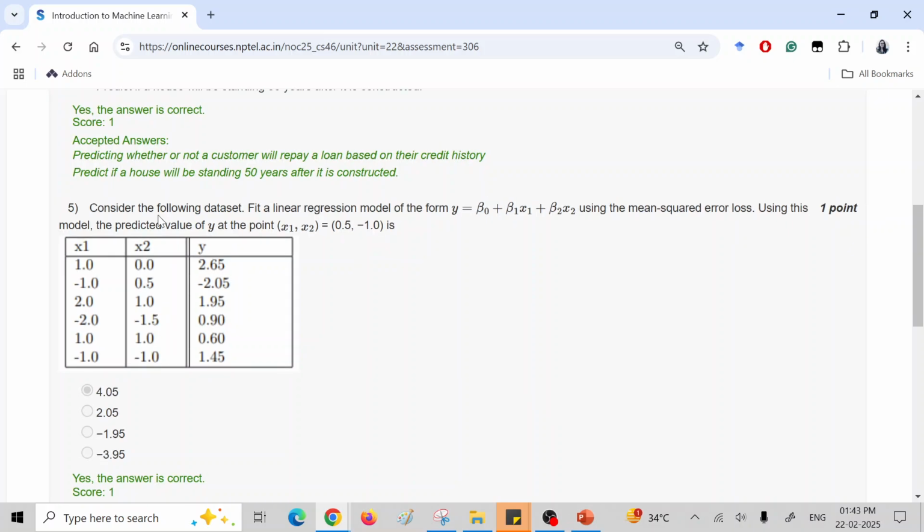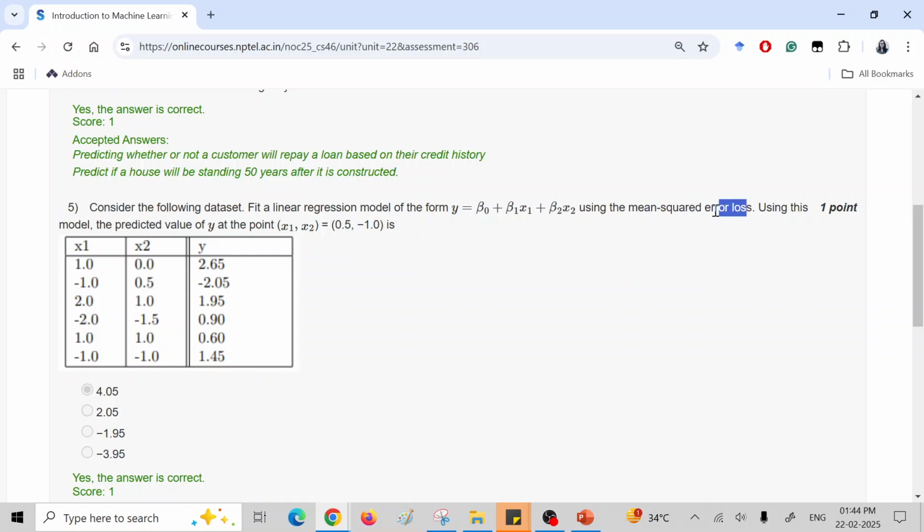Okay, so here one data set is given and we need to fit a linear regression model of the form y equal to beta naught plus beta 1 x1 plus beta 2 x2. Here x1, x2 two feature values are given, that's why this will be the equation for the linear regression model, and we need to find out this particular equation by using the mean square error loss.